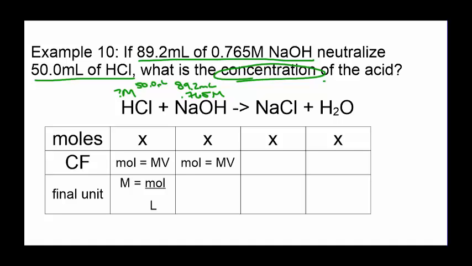Now our conversion factor here, though, to find moles, we're going to have to use our molarity formula. So here's our molarity formula. Molarity equals moles divided by liters. So I just rearranged that to solve for moles. So moles is molarity times volume. So to get moles for sodium hydroxide, we have to use this formula. So our molarity is 0.765 molar.